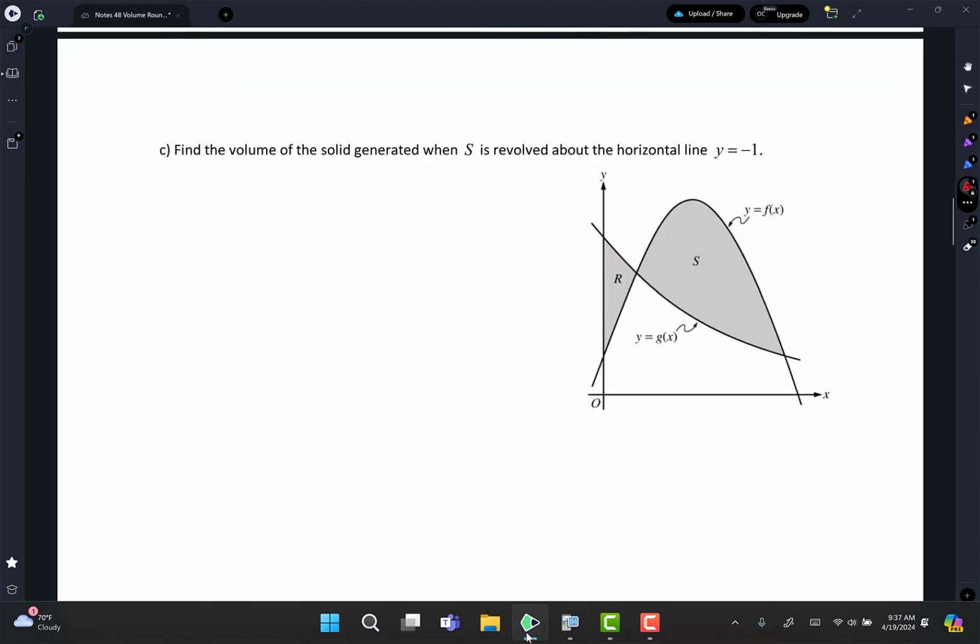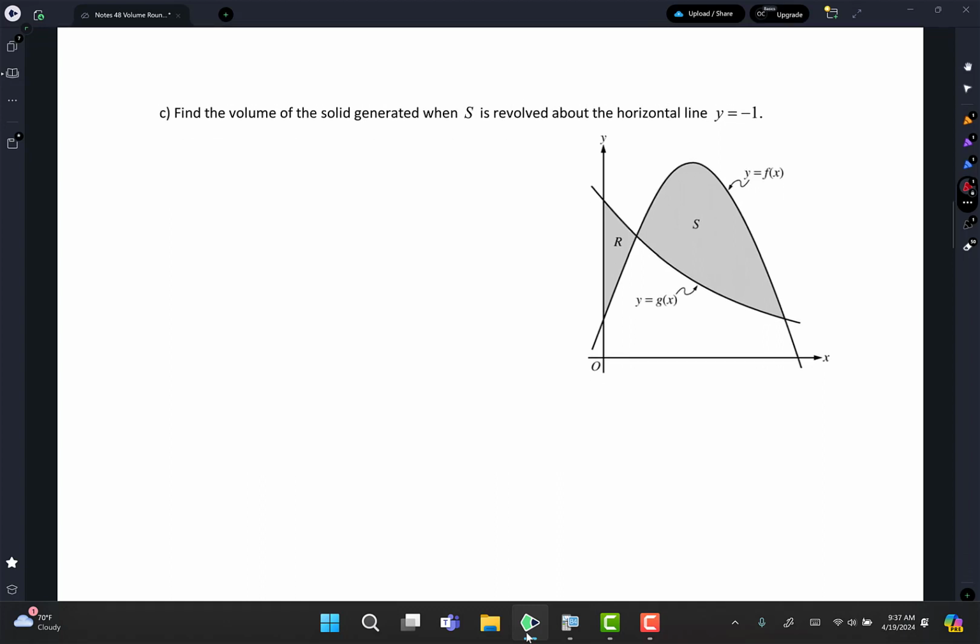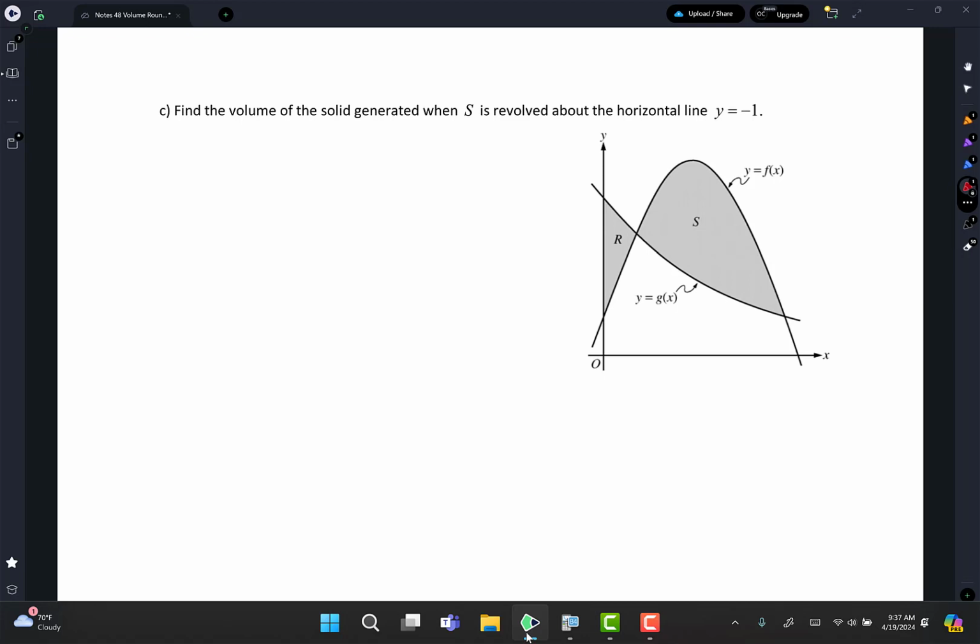Here we go. We got a volume question now. As soon as you see a volume question, you're looking for a common cross section. Find the volume of the solid generated when S is revolved about the line x = -1. So I'm looking at this region specifically, and I'm rotating it about -1, right here. And let me see if I can draw this. I don't know if I'll be able to draw it perfect, which is fine.